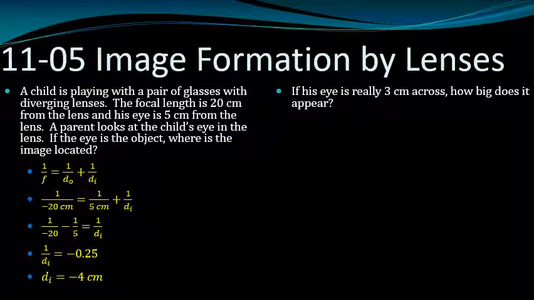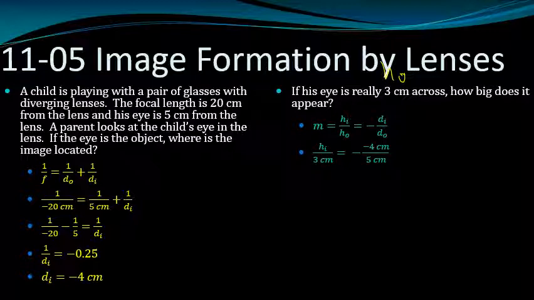If the eye is really 3 centimeters across, how big does it appear? Well, that sounds like size, so we should use our magnification equation. We know it's really 3 centimeters, so that is the object height. We know the image distance from the first part, and we know the object distance from the problem.